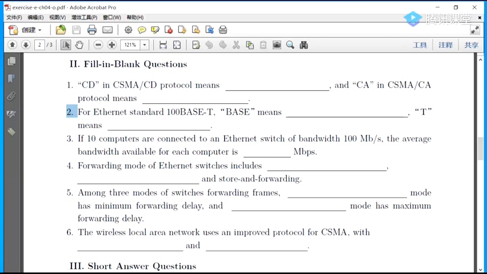For Ethernet standard 10 base T, here base means baseband transmission, not passband. T means the cable is twisted pair.